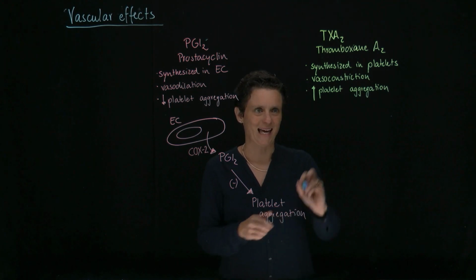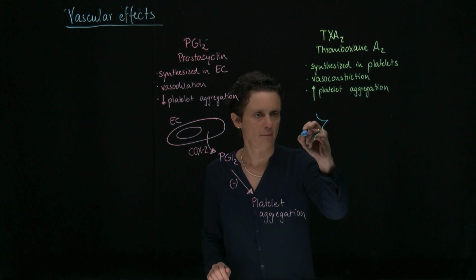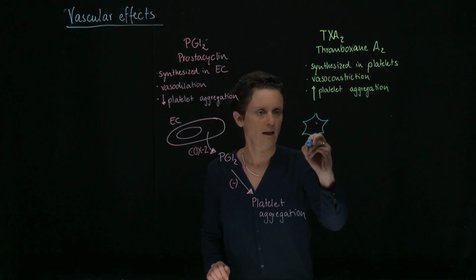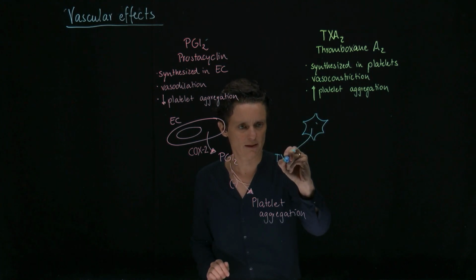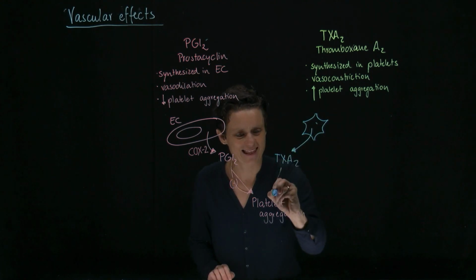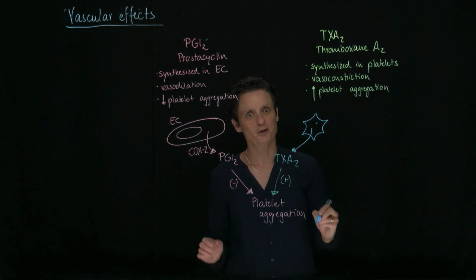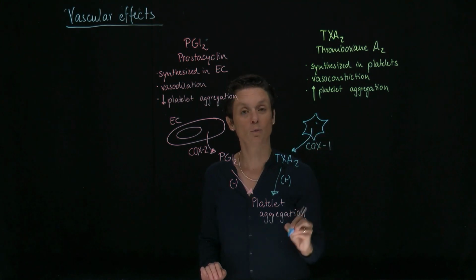Now, on the other hand, the thromboxane is mainly made by platelets. So here comes our thromboxane, and this promotes platelet aggregation. Now, it turns out that the platelets are mainly equipped with COX-1.